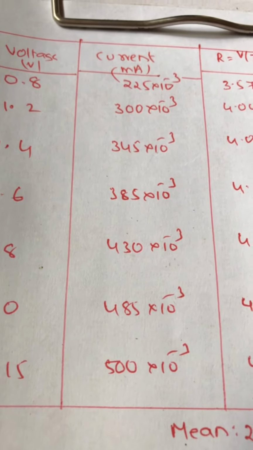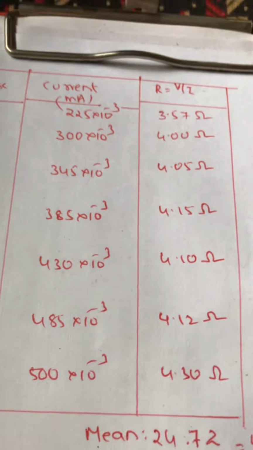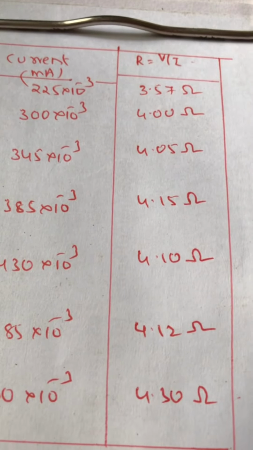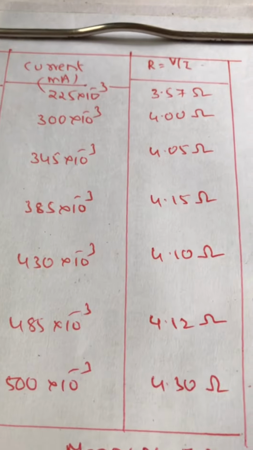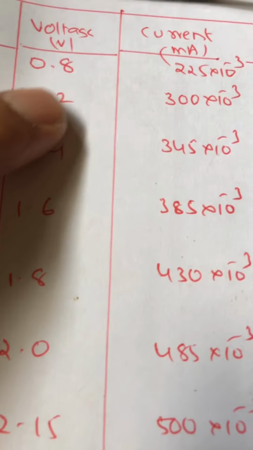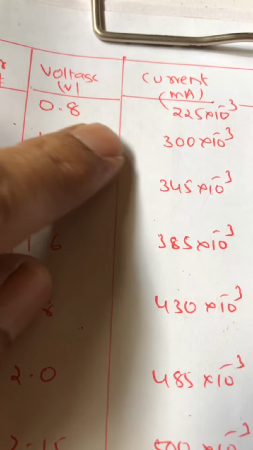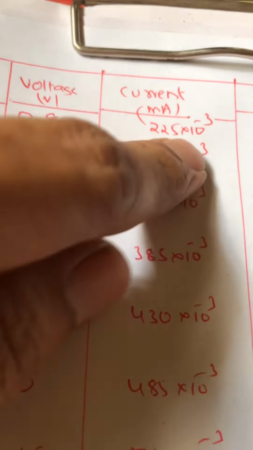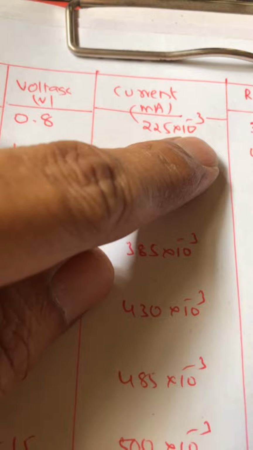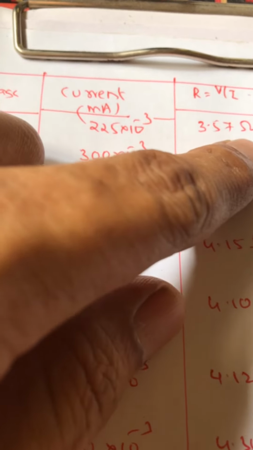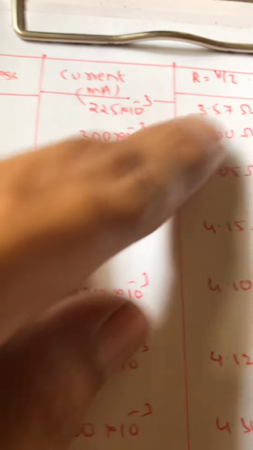Now we will use this formula, which is Ohm's law, R is equal to V upon I. We take the values from the column V, that is 0.8 upon 2.25 into 10 raised to minus 3. That will give me a value equal to 3.57 ohms.